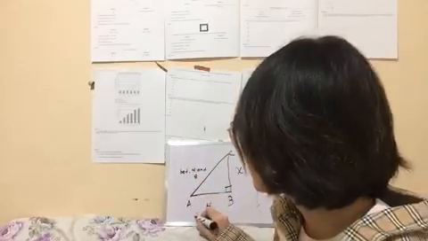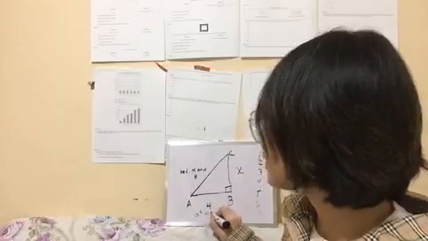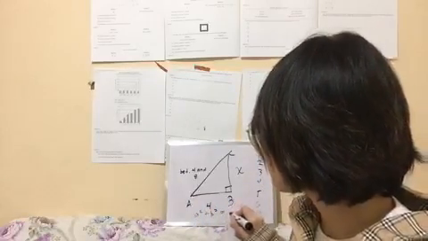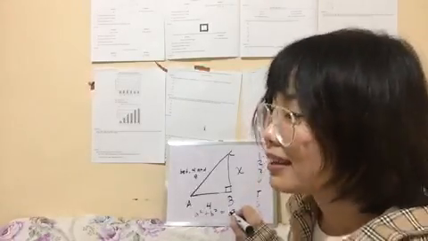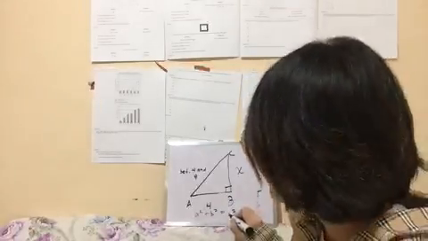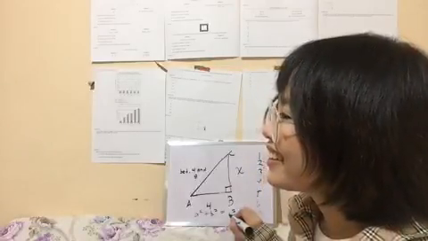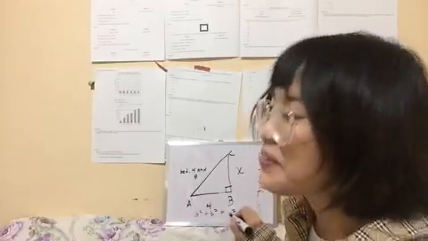Meaning to say, the sum of a squared and b squared is equal to the square of the hypotenuse.